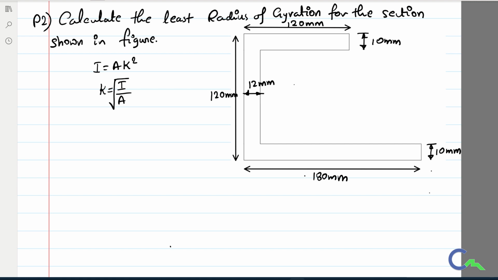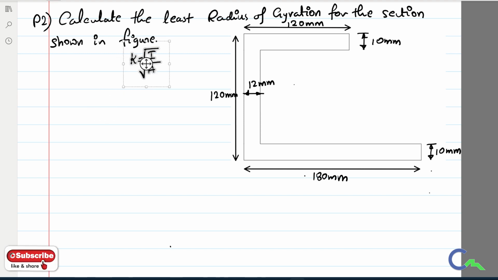But in this particular problem, they asked for least radius of gyration. So least means whichever I value I am going to get is least. So I have to find I value, Ixx and Iyy, and whichever is least, for that I have to calculate the radius of gyration. To do that, we have to find the moment of inertia about the centroidal axis.